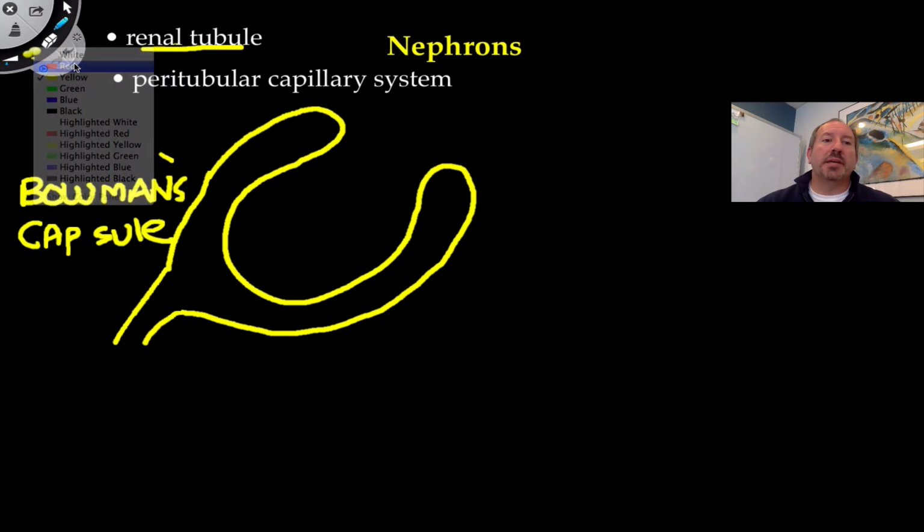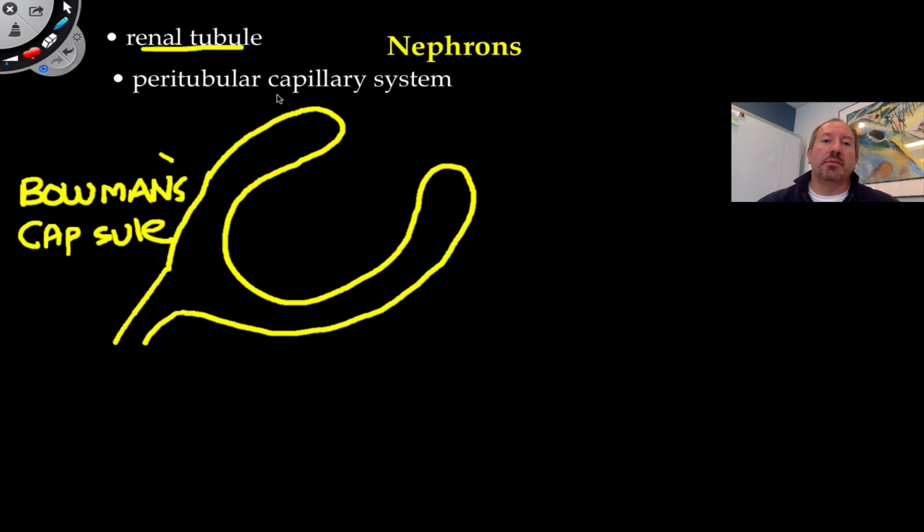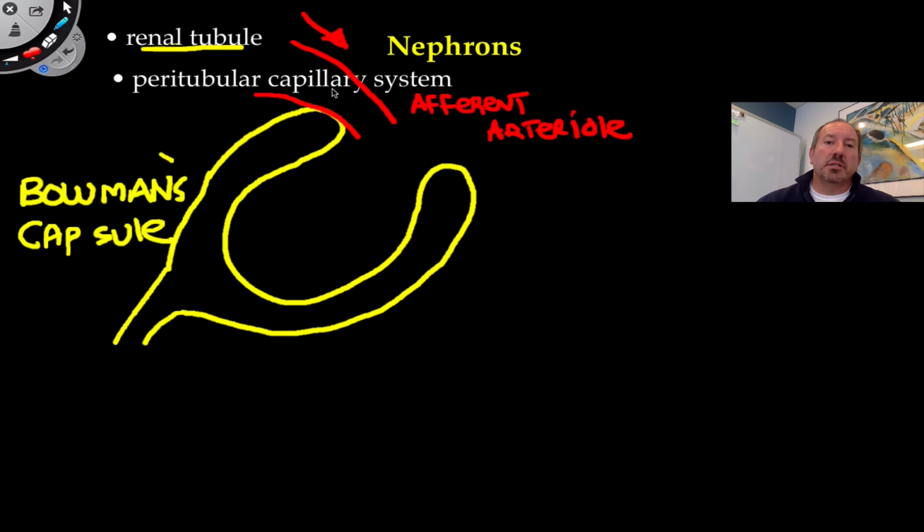But ultimately, when we reach the nephron itself, the major arteriole that's bringing in blood to the nephron is referred to as the afferent, meaning to bring in, afferent arteriole. Let's see, I'm going to spell that arteriole right, okay? Afferent arteriole. And the arteriole is bringing it in, and then ultimately this is going to, as you would imagine, branch off into a capillary network.